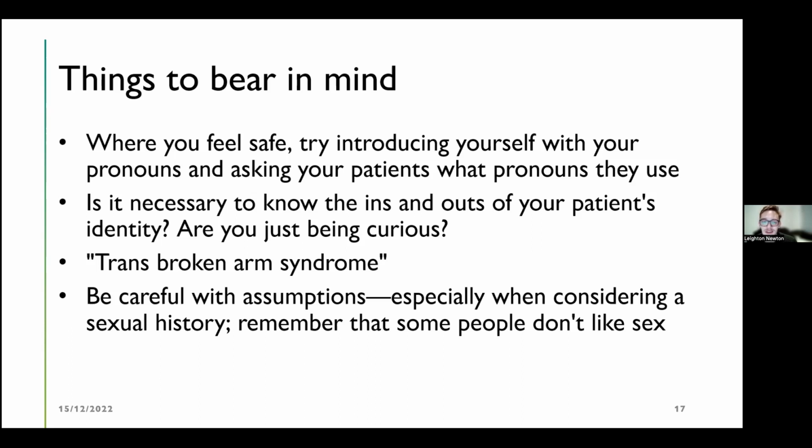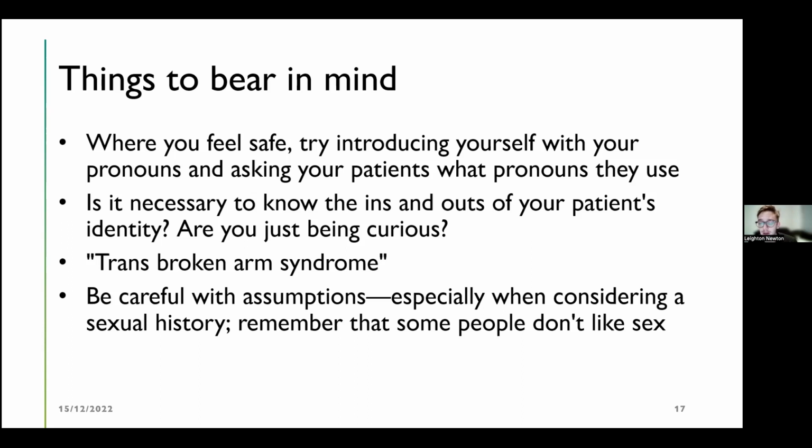And lastly, be careful with making assumptions, and that's across the board, but especially when taking sexual history. If you're talking to a man who talks about sex that he has with his partner, don't assume that because he's a man he's having sex with a woman.